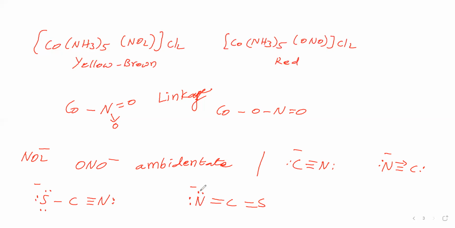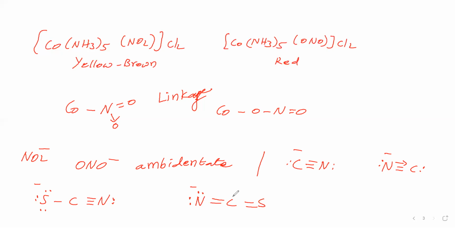Here nitrogen links with the central metal. Here sulfur links with the central metal. Linking atom is different, but molecular formula same. Therefore, these two are ambidentate ligands. These two will form linkage isomers. It is thiocyanate. It is isothiocyanate. So, ambidentate ligands will form linkage isomers.